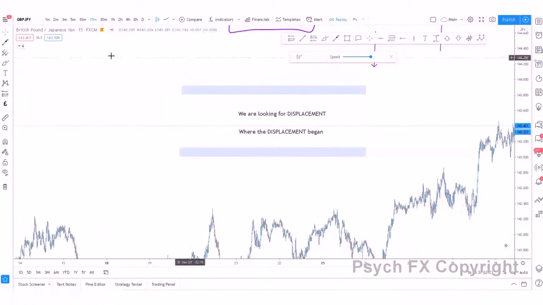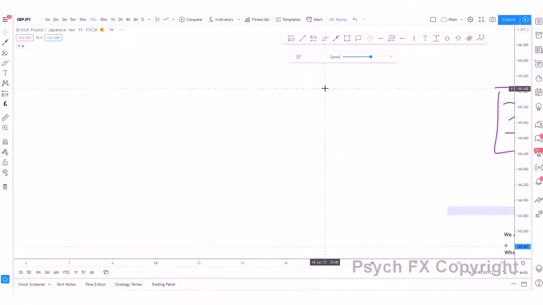For now, it's important that you understand this basic concept and pair it with the understanding of how to actually draw these zones. To draw these zones, we've got to understand the different types, the different ways these are going to look.